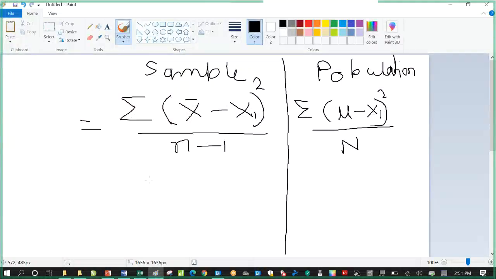Now, when you expand this formula, it's very simple to expand. It will be x bar minus x1 whole square plus x bar minus x2 whole square, and it continues.